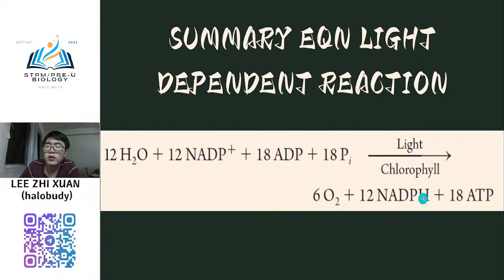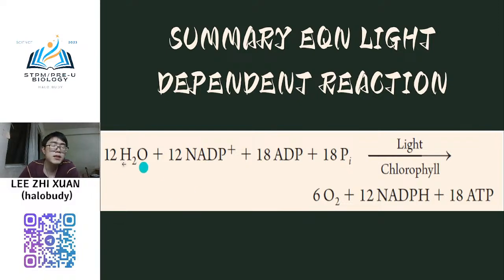This energy will be used later by the dark reaction, the light independent reaction. So if you write the overall photosynthesis equation, you drop these two energy carriers because they act only as intermediates in photosynthesis.